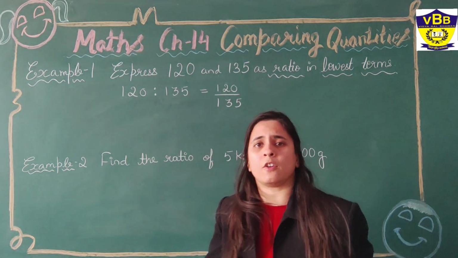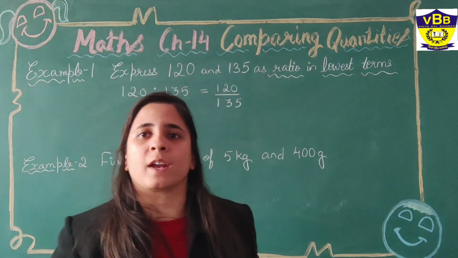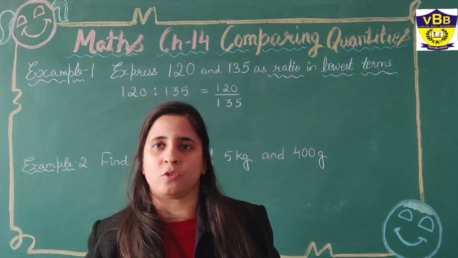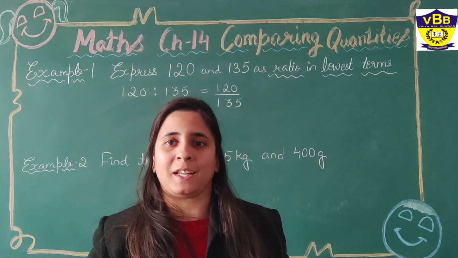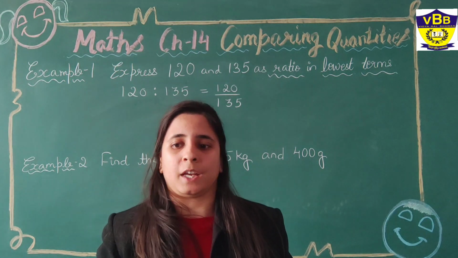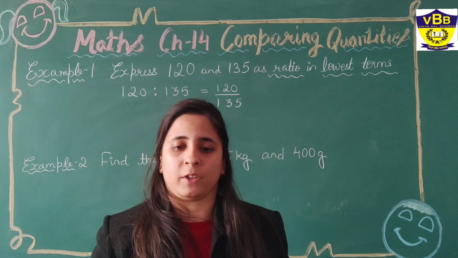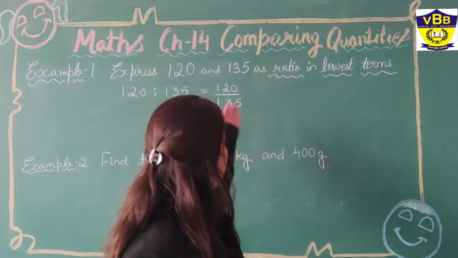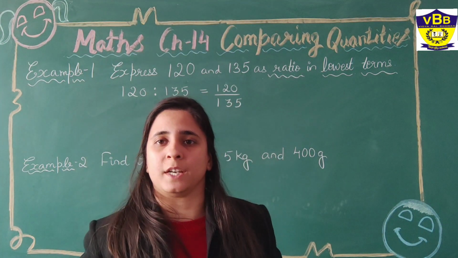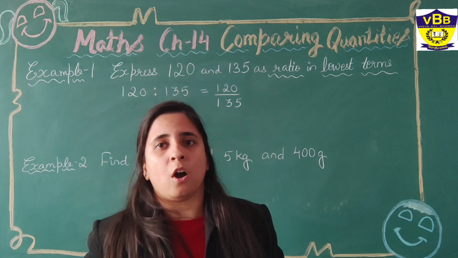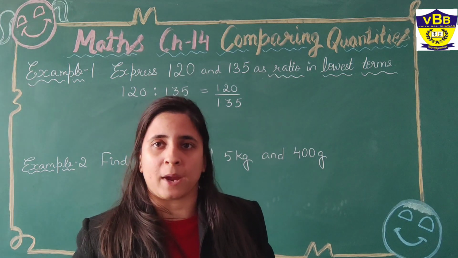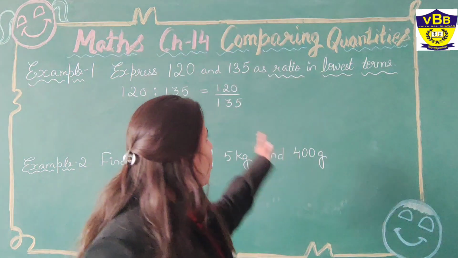Now, if you remember how we were reducing fractions into lowest terms by dividing them by their common factor, either we can find their HCF and divide the numerator and denominator by the HCF, and it will be reduced to its lowest term, or you can simply divide them by their common factors.